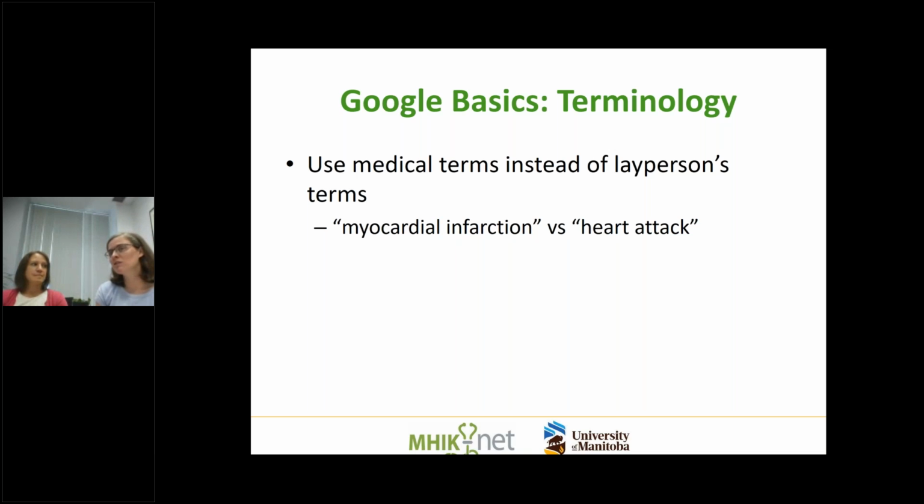So depending on what you're looking for, you might want to choose the technical term versus the layperson term, or vice versa. Like if you were looking for stuff for your patient, you'd probably want to use the term that would be used when you're speaking to patients, right? Alternatively, you might try both. Heart attack is something that is thrown around a lot, regardless of who's writing. So you might try to look for both things and see what happens too.